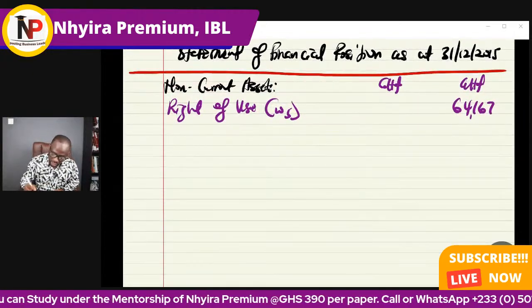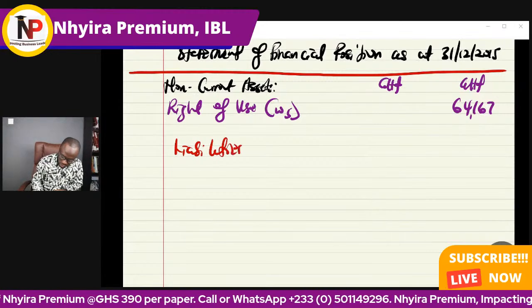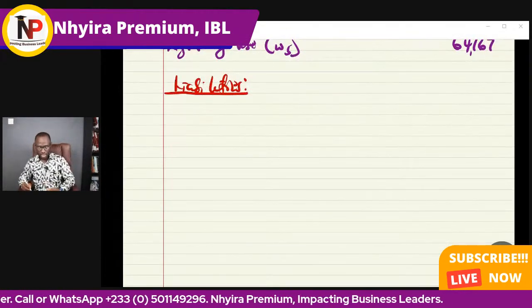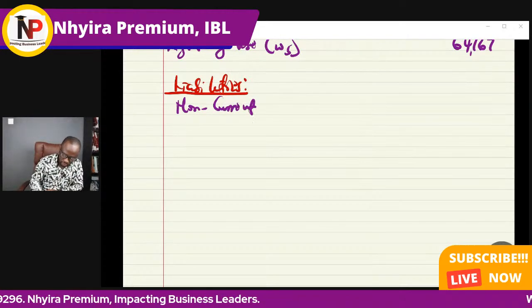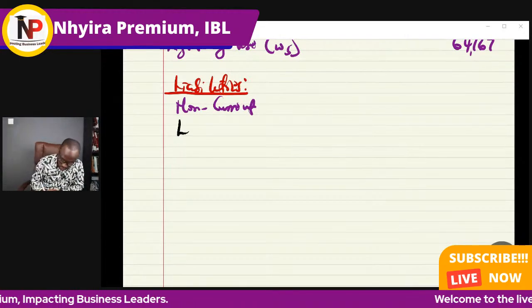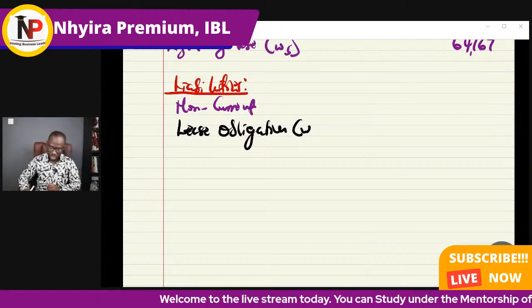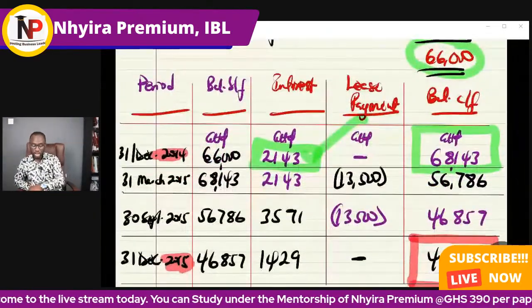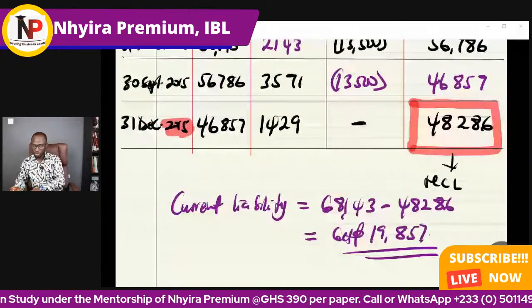Then we bring in the liabilities. The liabilities, we need to split it into the current and then the non-current. So let's bring in the non-current first. So we'll have lease obligation. We did the workings for that. That's workings 4. The non-current liability is this figure here, 48286.